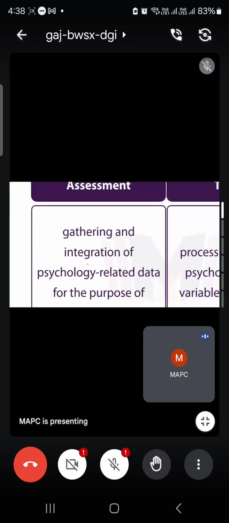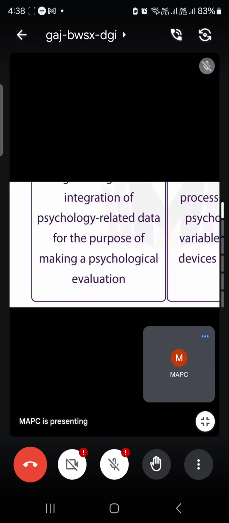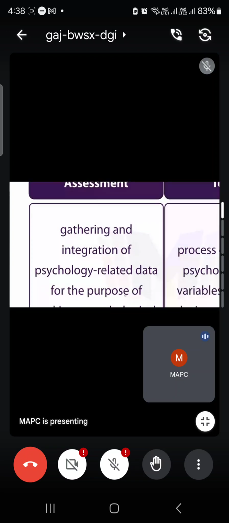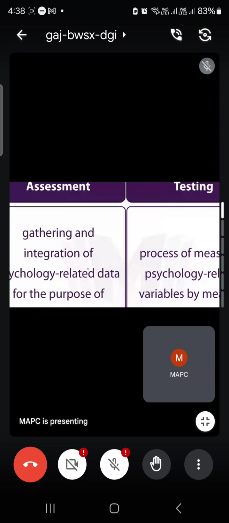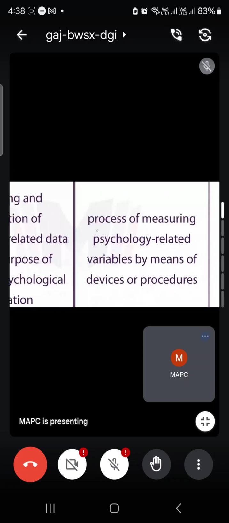So assessment is what? Gathering and integration of psychology-related data. And why are we gathering and compiling this psychology-related data? To make the psychological evaluation, and that is what assessment is. As far as testing is concerned, it is the process of measuring psychology-related variables by means of some device or procedure.